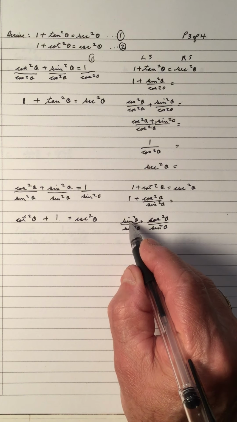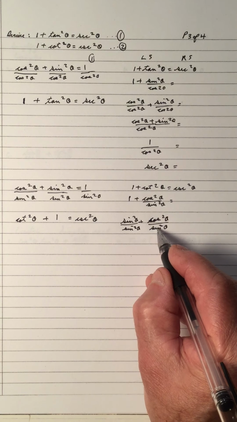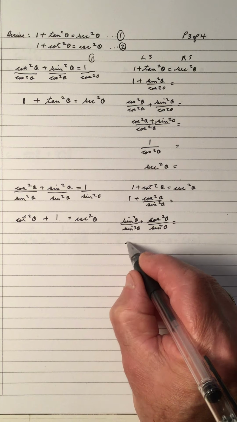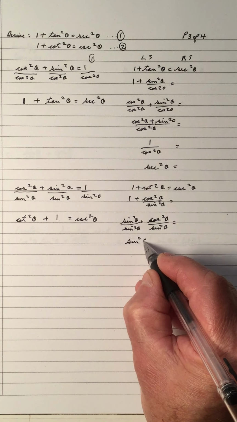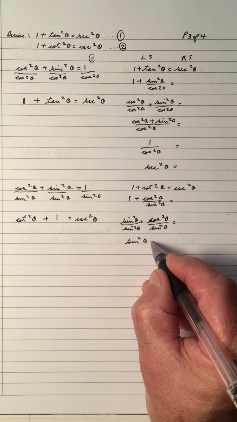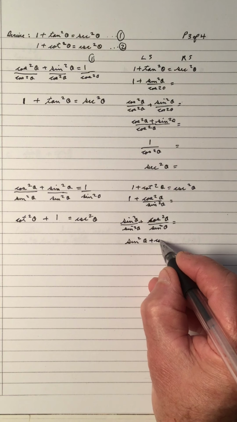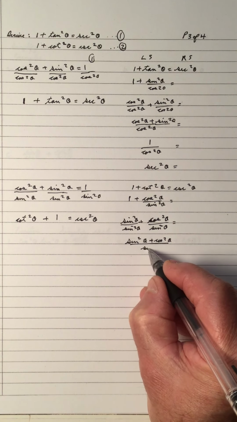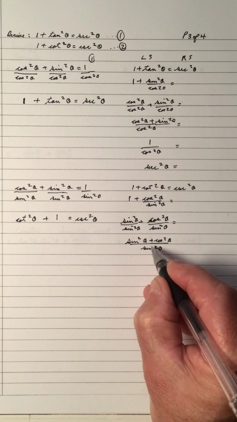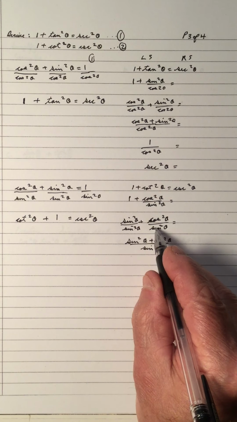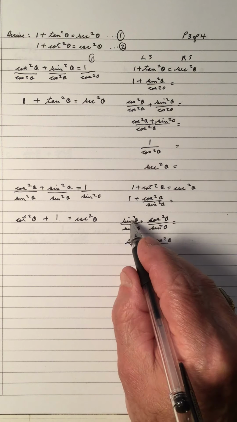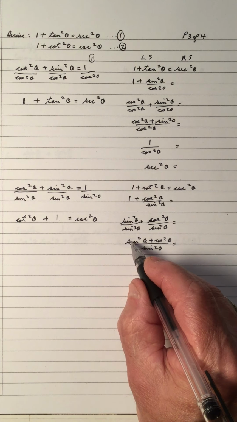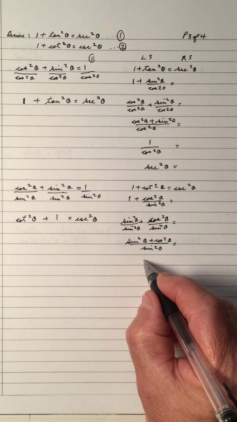Why do I put sine squared over sine squared? Because I need these denominators the same. So that gives me sine squared theta plus cos squared theta all over sine squared. Because the 2 denominators are the same, you keep your denominator and you add your numerators. We can't combine these. But sine squared plus cos squared is 1.